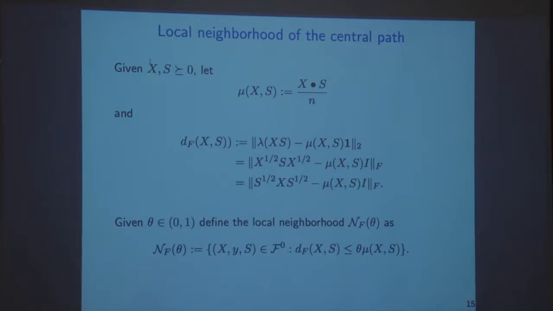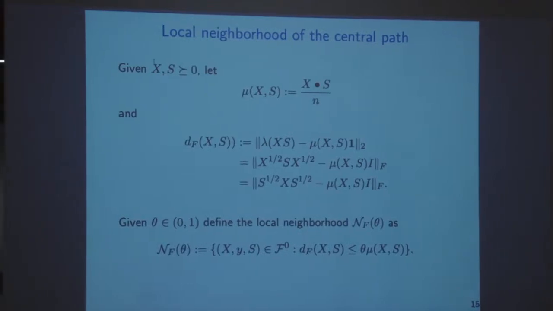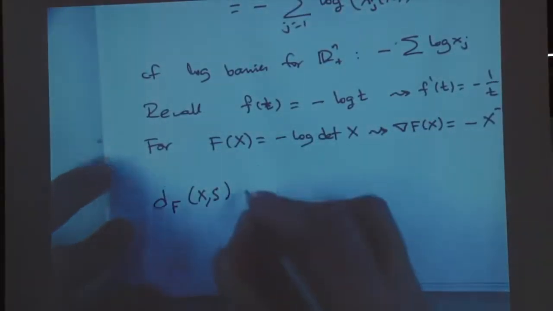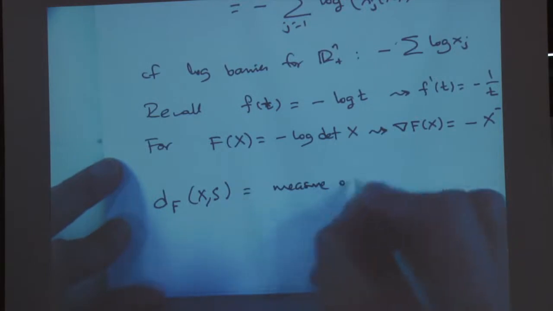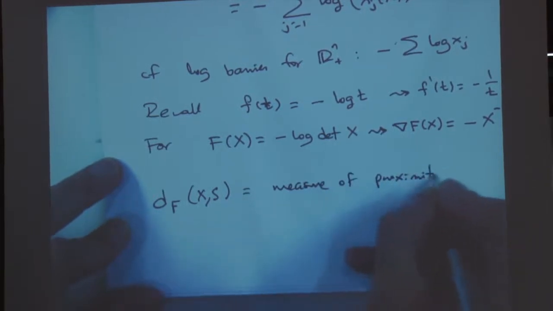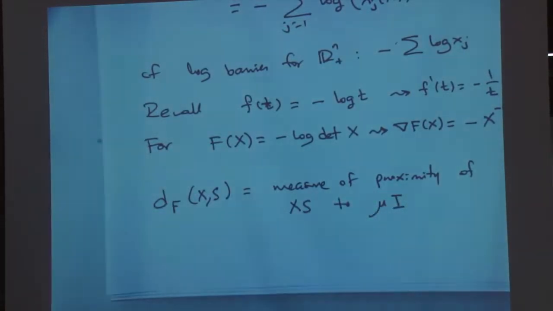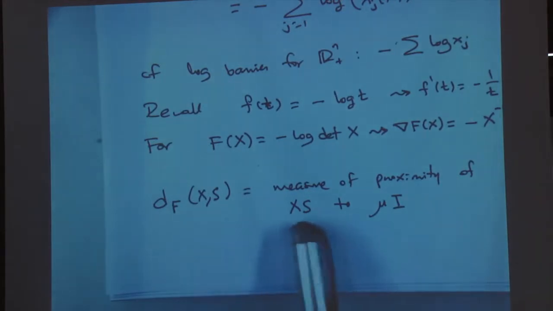So here, again, this so-called d_F is some kind of measure of proximity of XS to mu I. So if we insisted on XS being equal to mu I, that would be the extreme when the neighborhood that we're taking is exactly the central path.